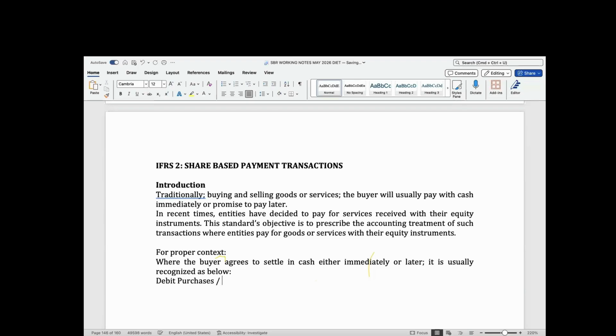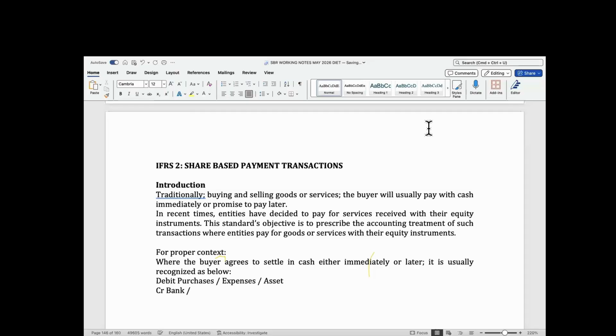Or if it's a service he has received, whether professional service, legal service, accounting service, or service from an employee itself, he can debit staff cost, or any other expense. Could even be assets. If it's an asset that he is paying for, he debits whatever it is that he is buying, and he credits bank. That's if he has paid immediately.